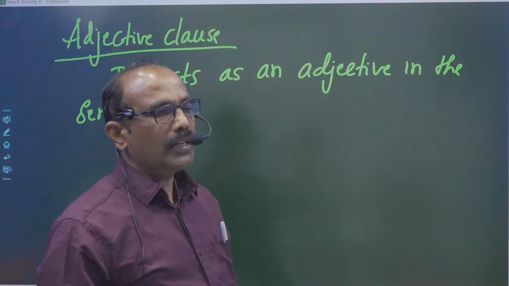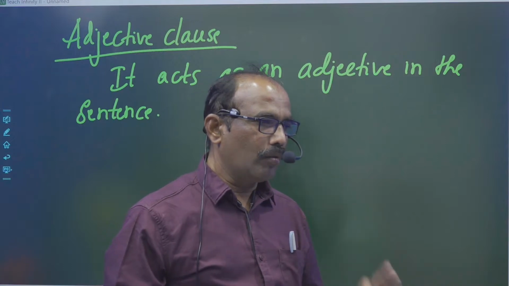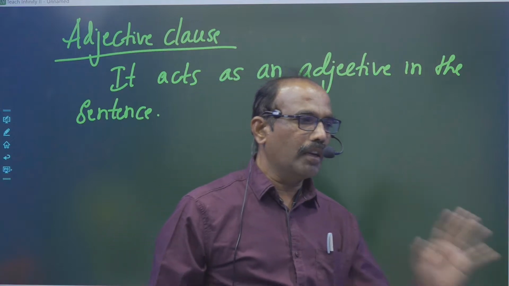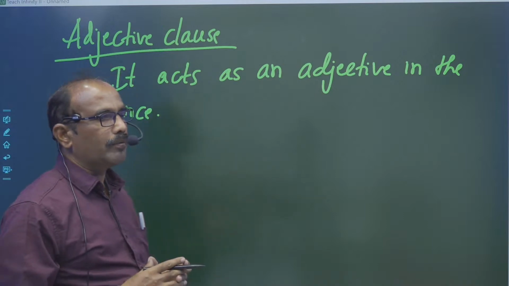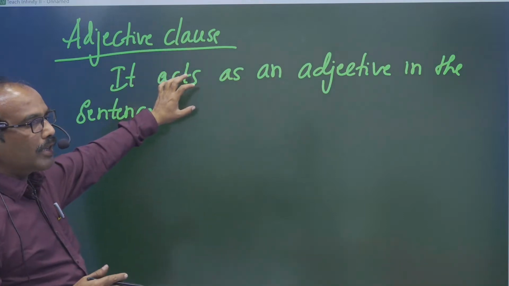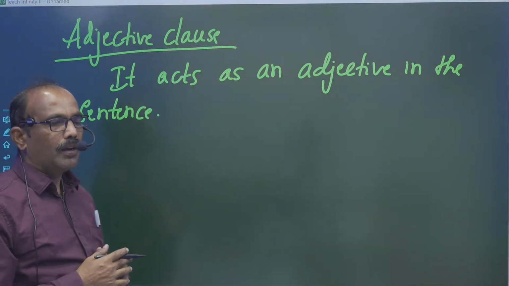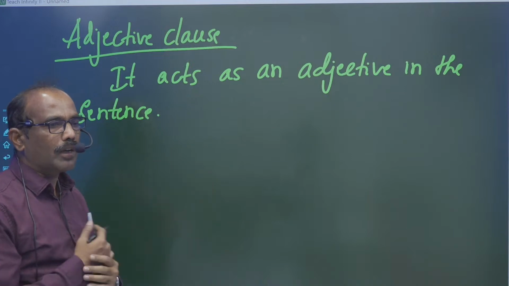It means adjective is a word which describes a noun. ಅದು ನಾಮಪದವನ್ನ ಇಂಡಿಕೇಟ್ ಮಾಡುತ್ತೆ. It means this particular clause has a noun or pronoun with it. ಅದ್ರ ಜೊತೆ ಒಂದು ನಾಮಪದ ಅಥವಾ ಸರ್ವನಾಮಪದ ಇರುತ್ತೆ.